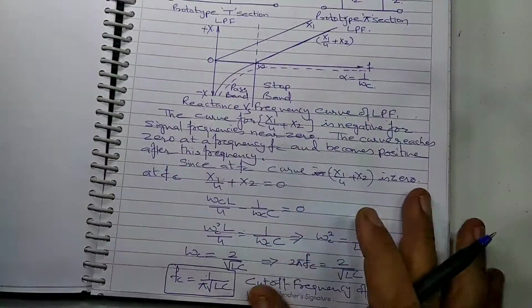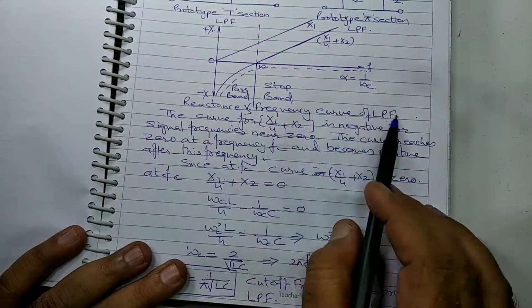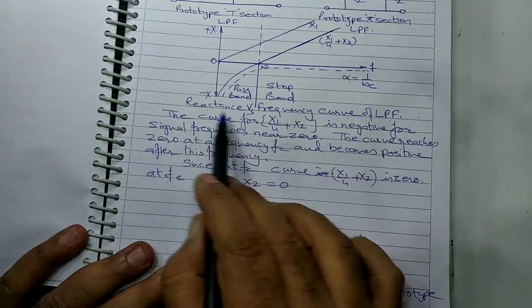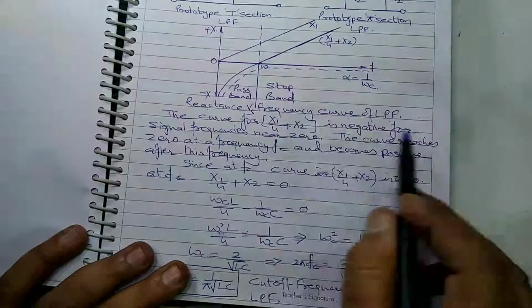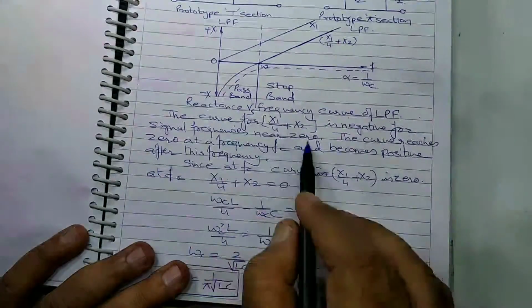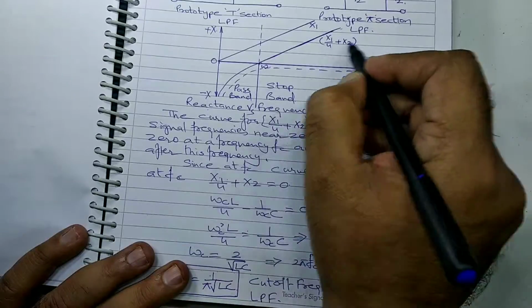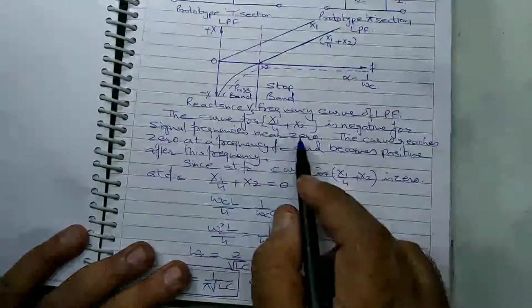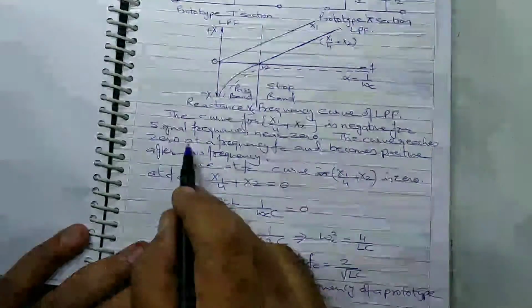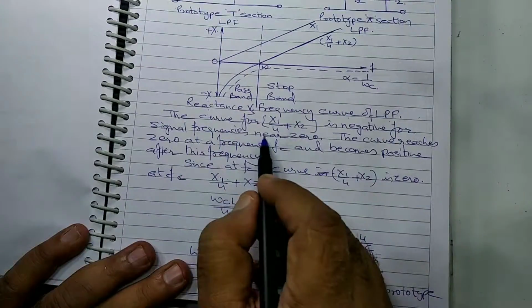Now let us see the reactance versus frequency curve of low pass filter. The curve for X1 by 4 plus X2 is negative for signal frequencies near 0. Now we can see X1 by 4 plus X2 curve. It is negative for signal frequencies near 0.